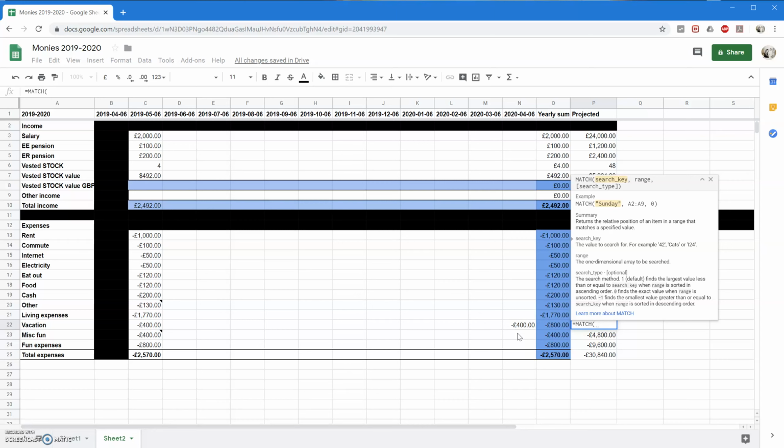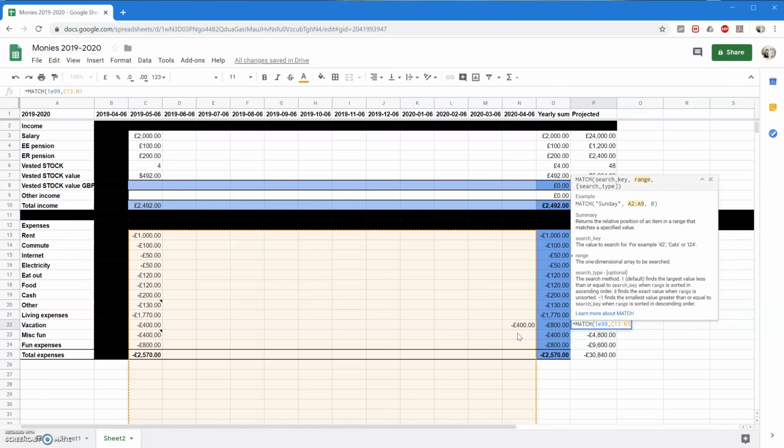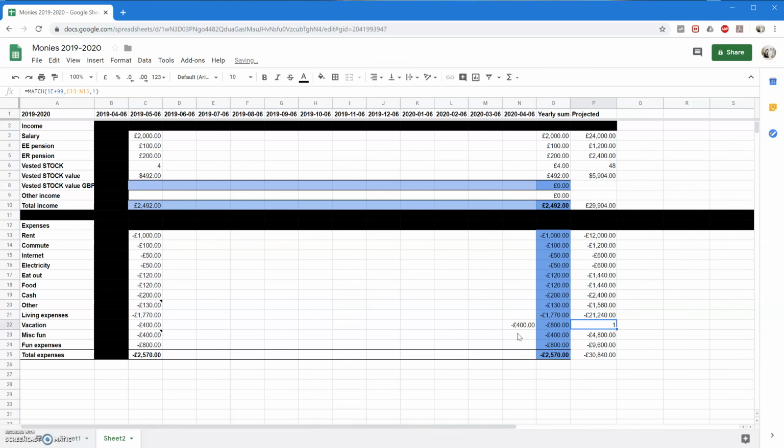So let's take, for example, row 13, the rent. So that would be, take the row, and then we take C13 to N13. There. And we see that we have 1 month filled.